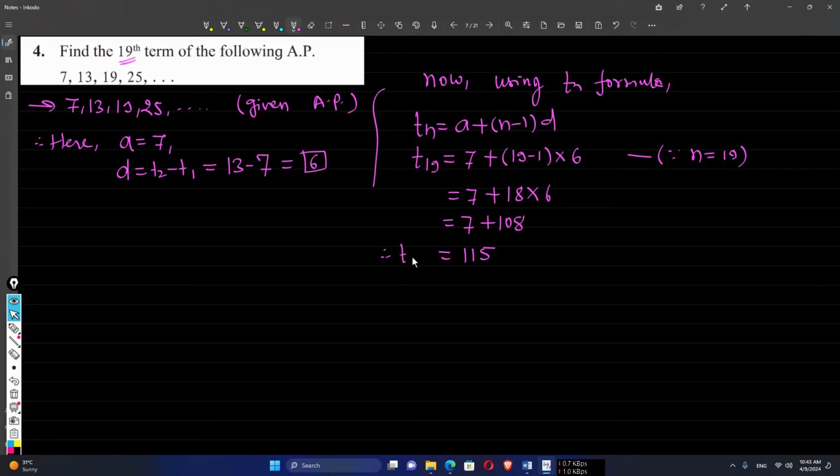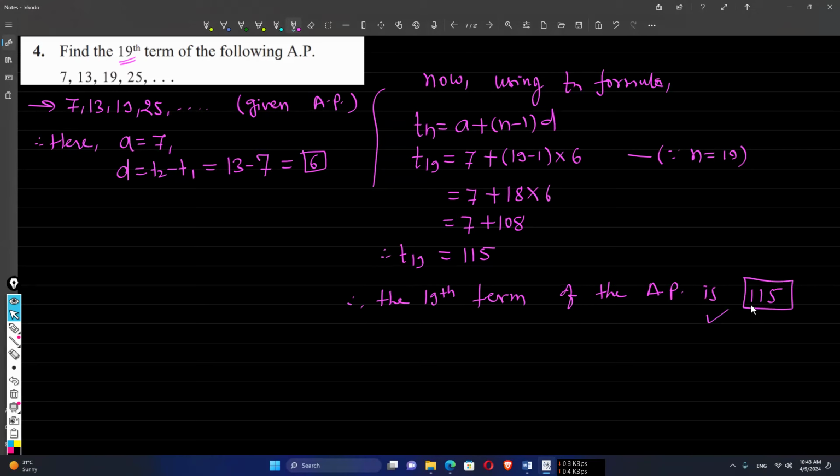So the value of T19 is 115. Therefore, the 19th term of the arithmetic progression is 115, and that's the final answer.